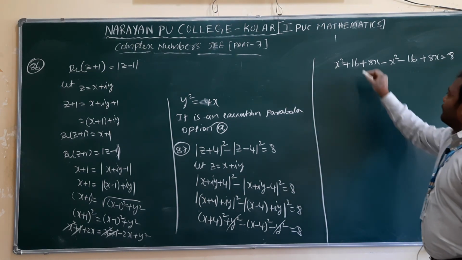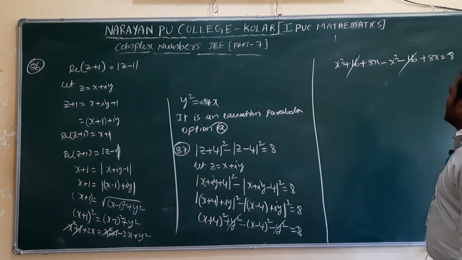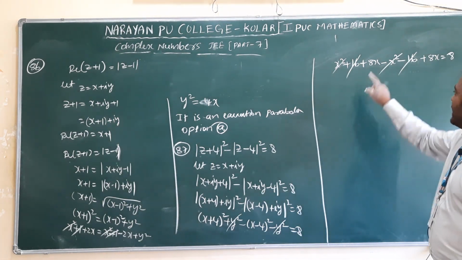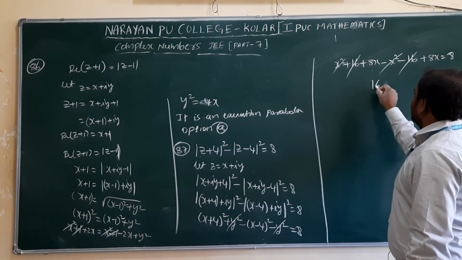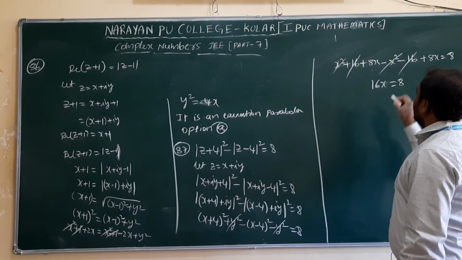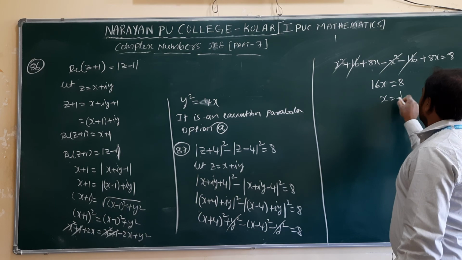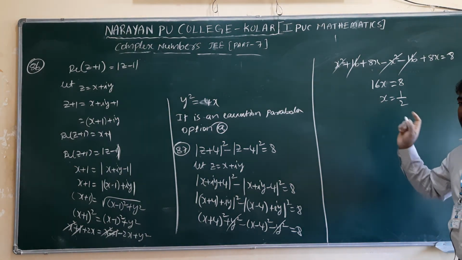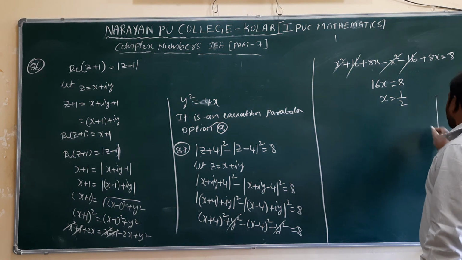Here plus 16 minus 16 gets cancelled, x square minus x square gets cancelled, 8x plus 8x is 16x is equal to 8, so x is equal to 1 by 2. We are getting only x is equal to 1 by 2, the graph is like this only.